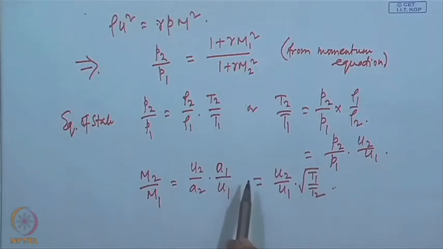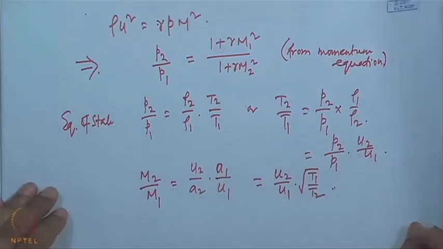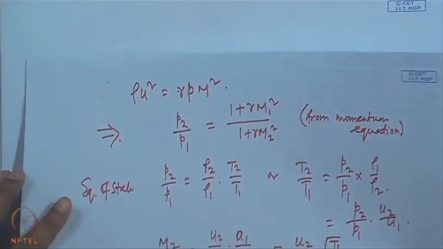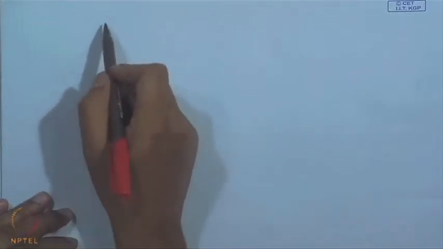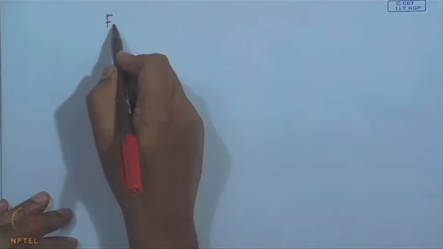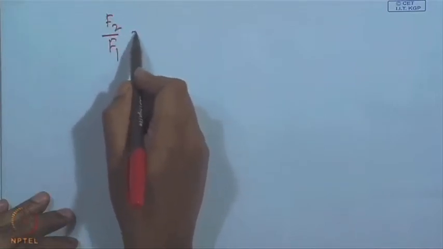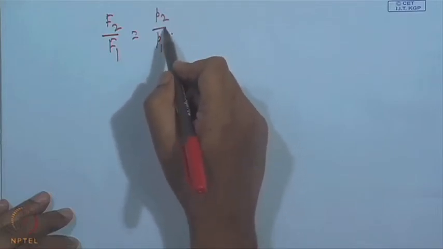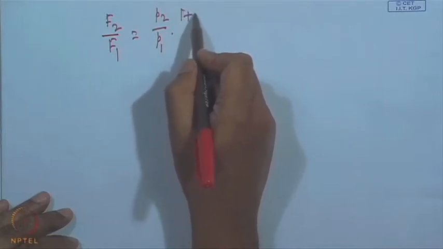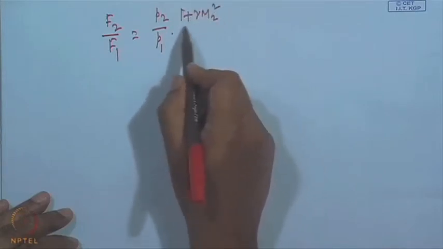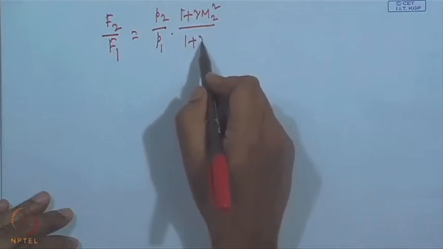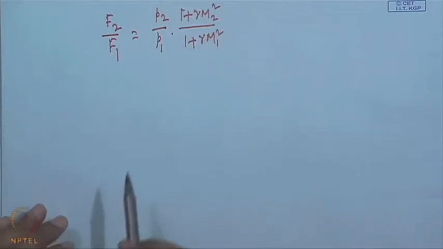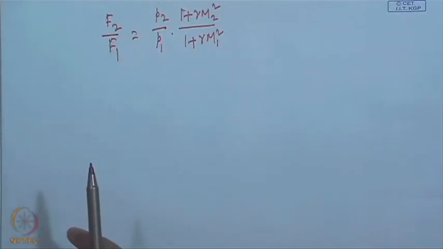Using the perfect gas relation for speed of sound, the impulse function relation can be written as F2 by F1 equal to P2 by P1 into 1 plus gamma M2 square by 1 plus gamma M1 square.